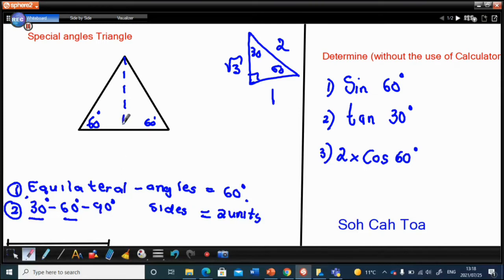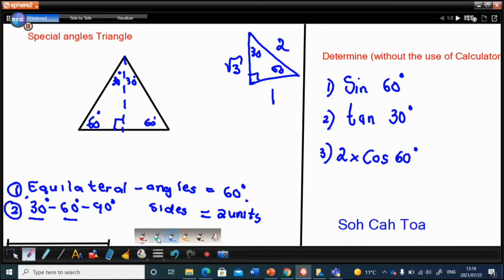If I bisect this into half, it will form a 90 degrees. And then what will happen now is that the angles will be 30 degrees and this will be 30 degrees, right? The full angle is 60 degrees, but because I've bisected it, this will be 30 and that will be 30, right?